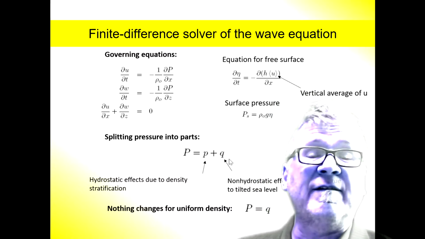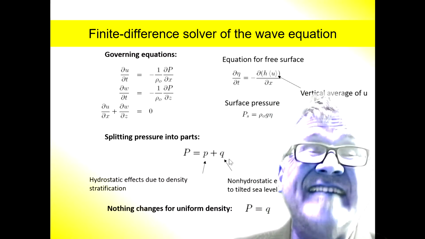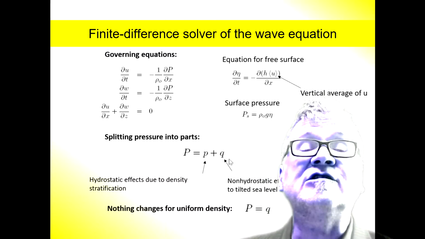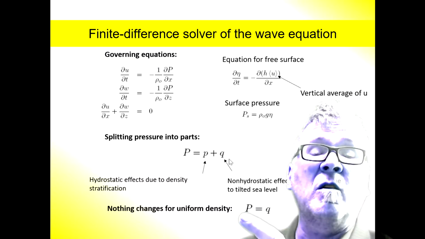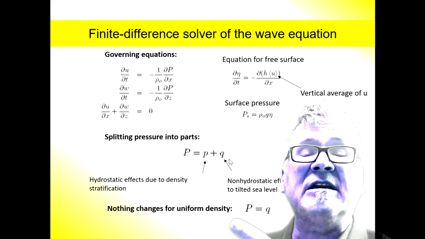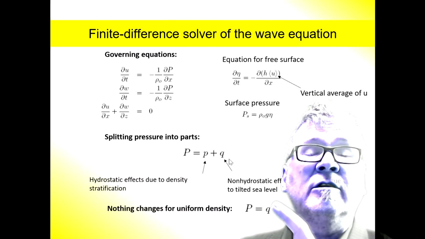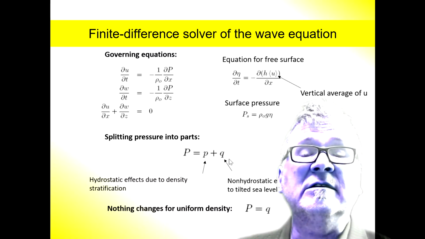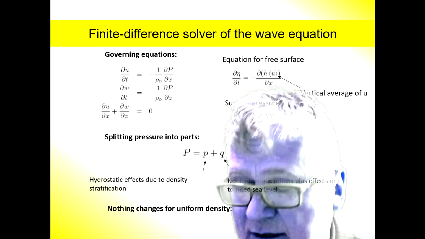So in this case, because density is all the same within the fluid, it's just a renaming. We call the uppercase P, we call it Q. This is the only change.